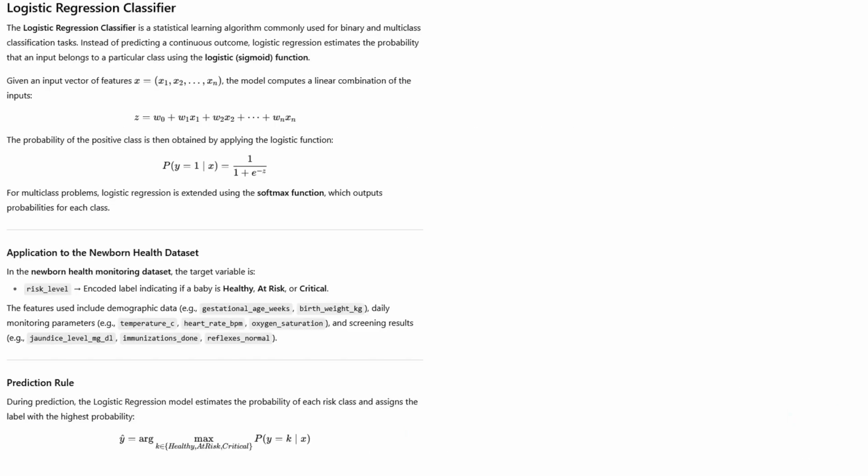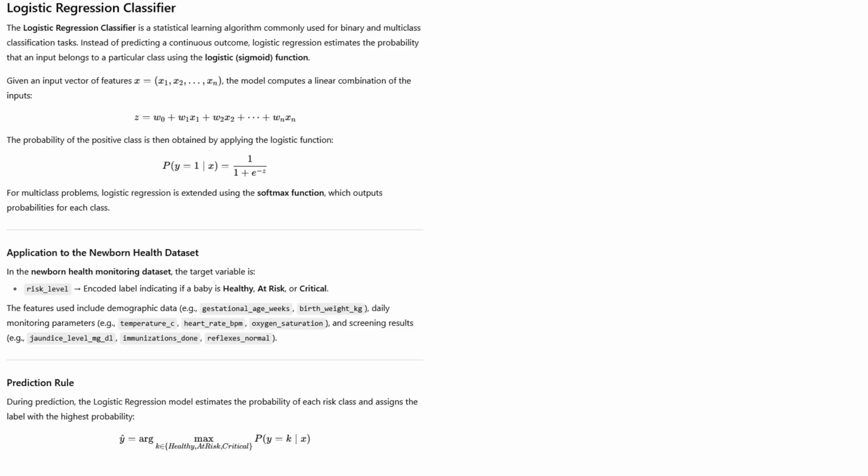Logistic regression is a simple yet powerful algorithm for classification tasks. It works by combining input features into a linear equation, then applying a sigmoid function to estimate the probability of belonging to a certain class. For problems with more than two classes, the model uses the softmax function, which produces probabilities across multiple categories.